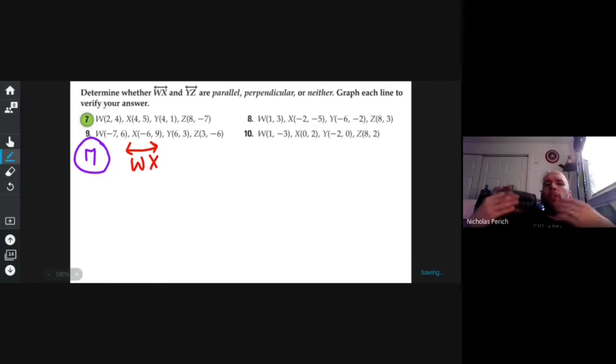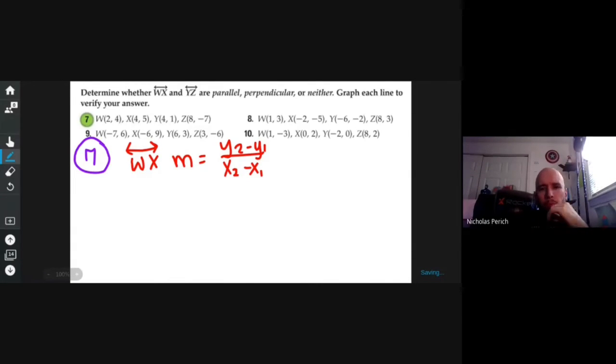If I'm going to determine if things are parallel, perpendicular, or neither, I care about the slope of WX. So I need the slope formula. Y sub 2 minus Y sub 1 over X sub 2 minus X sub 1. If I'm dealing with WX, then I need to go and label W and X. So I'm going to call W X sub 1, Y sub 1. And I'm going to call X X sub 2, Y sub 2.